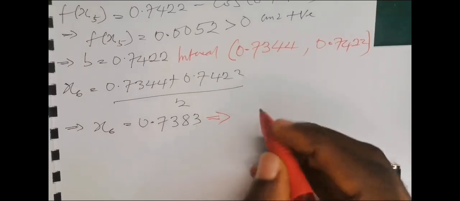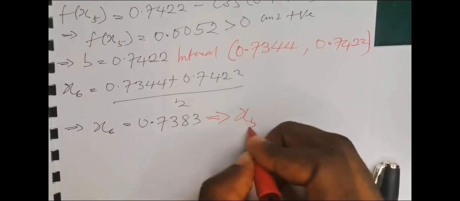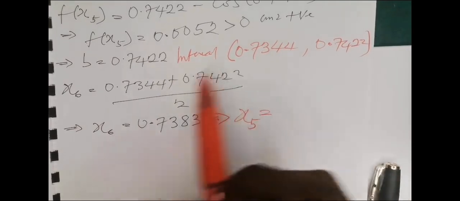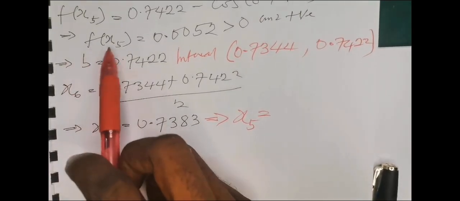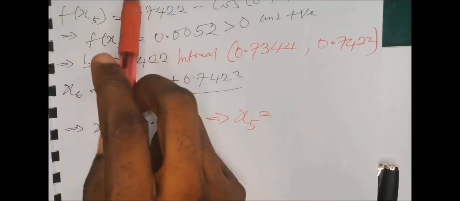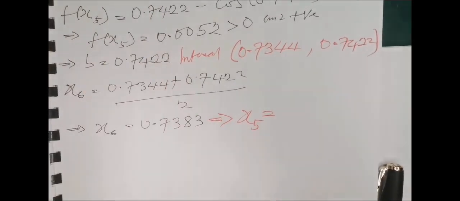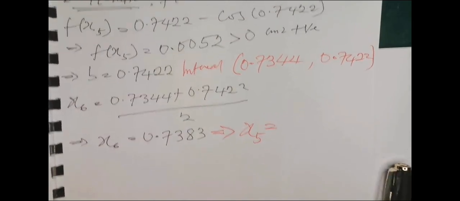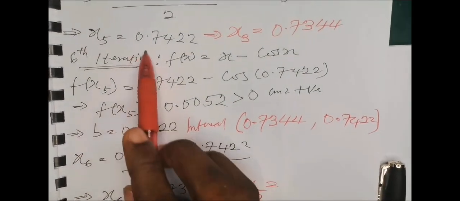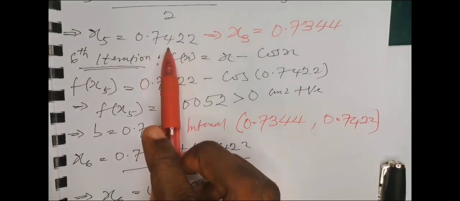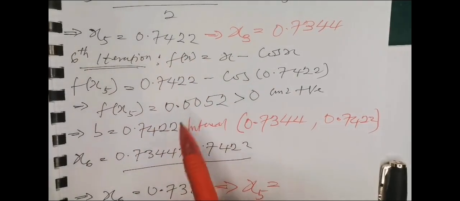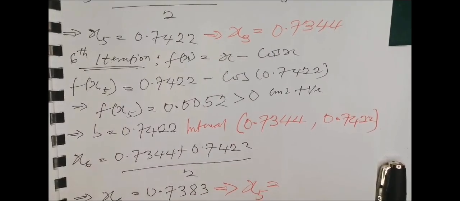Compare this root to the previous root, which is s5. We obtain s5 over here as 0.7422.